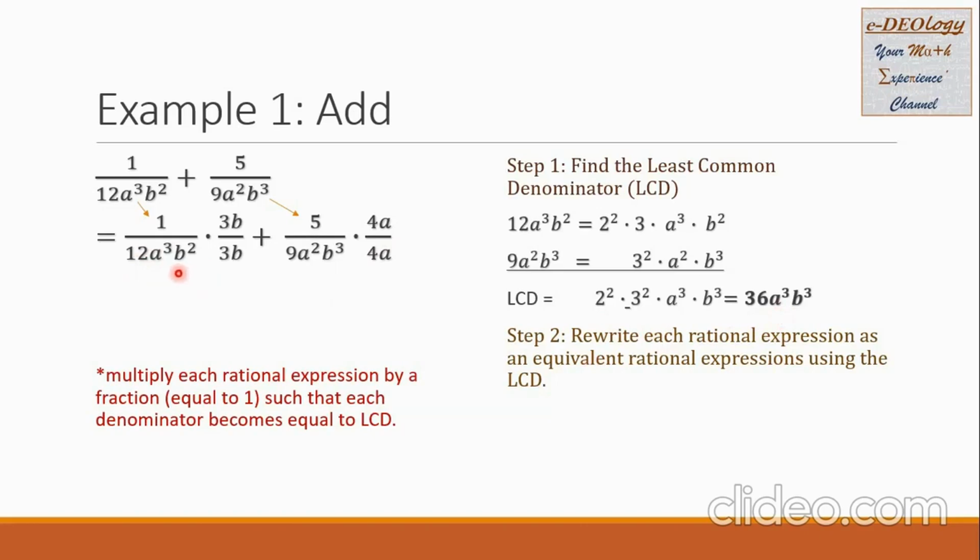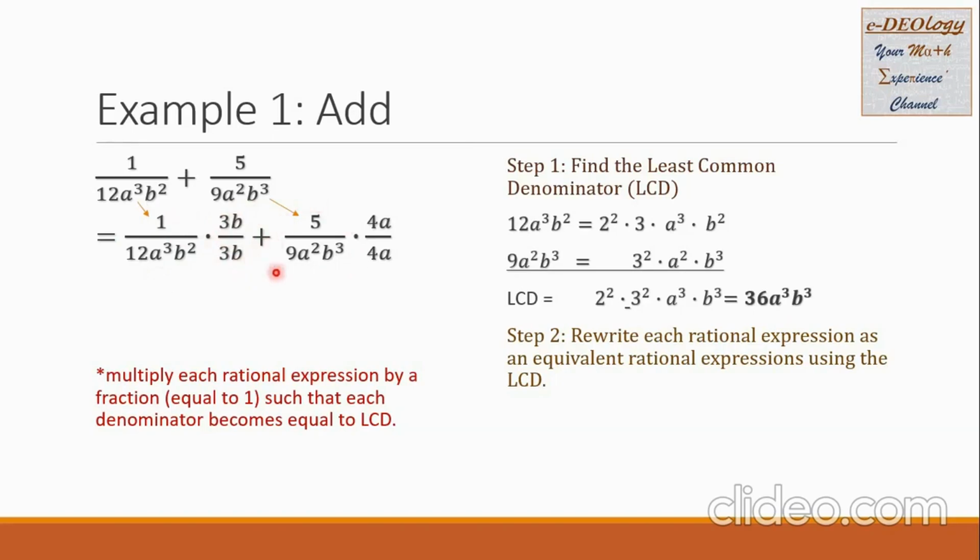For the b, here it is squared, so I need to multiply by b so that later I will get a b cubed, the same as the LCD. So the first denominator should be multiplied by 3b. This 3b should be copied in the numerator, so the first rational expression is multiplied by 3b over 3b, and this fraction is equal to 1.